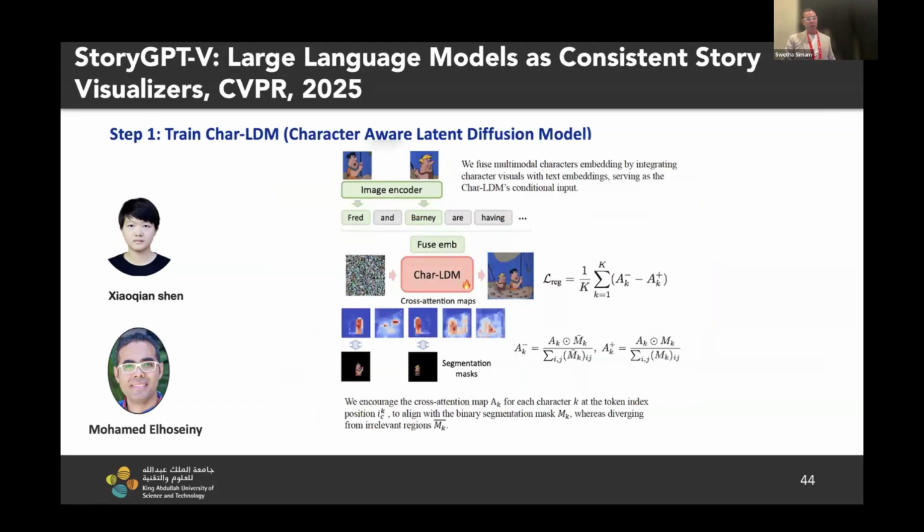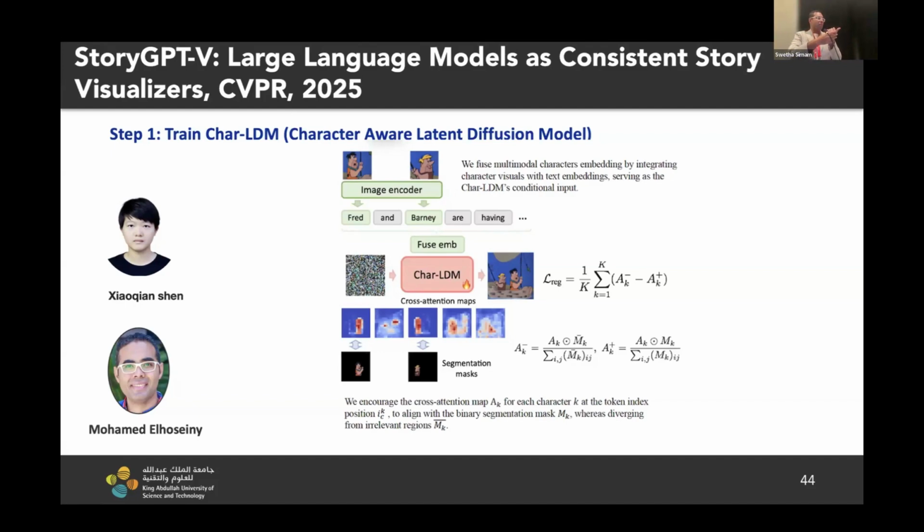Stage 1 is to train a character-aware latent diffusion model, and this is done by using image-text pairs from this dataset, which has text-image pairs with characters, and also has the segmentation mask for every character. So if you think about it, we can now compute the cross attention between every token in the text and every region in the image.